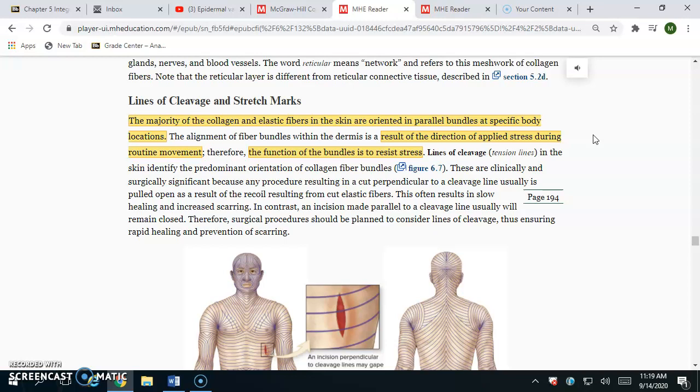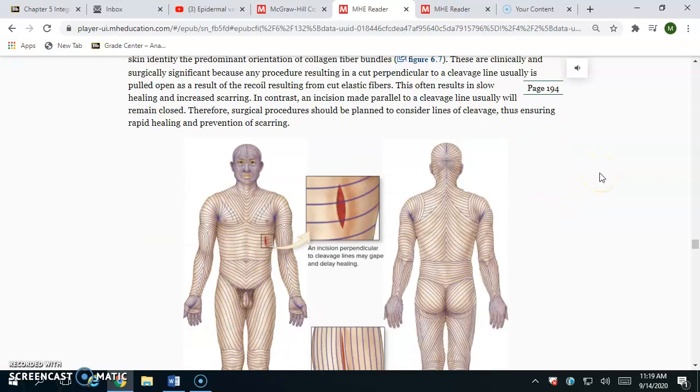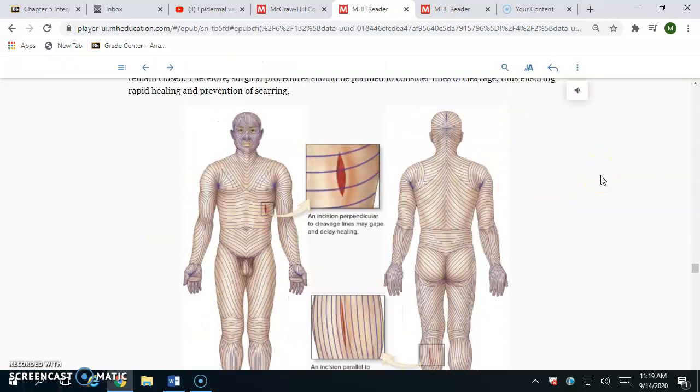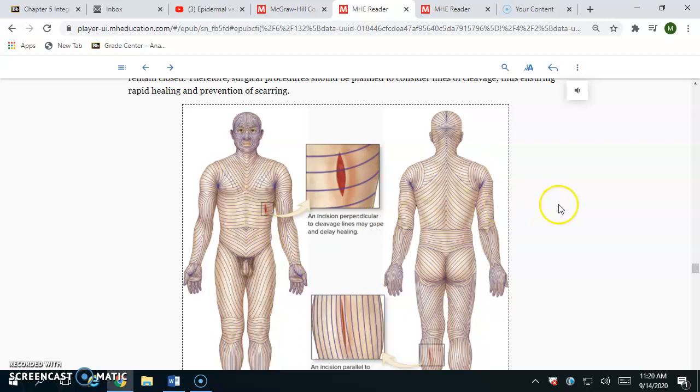So we call this lines of cleavage, and so it's probably best to look at the picture so you can realize what we're talking about. So these purple lines are just showing the direction of those parallel bundles of collagen fibers.